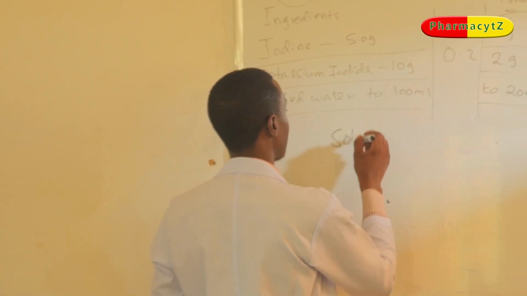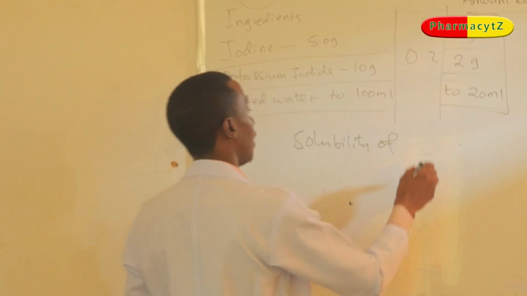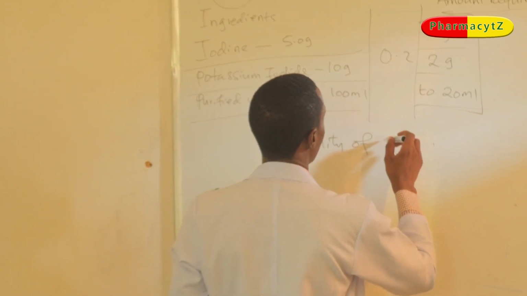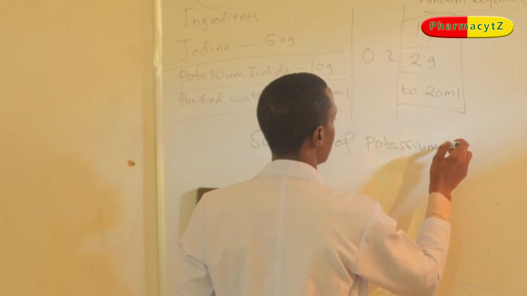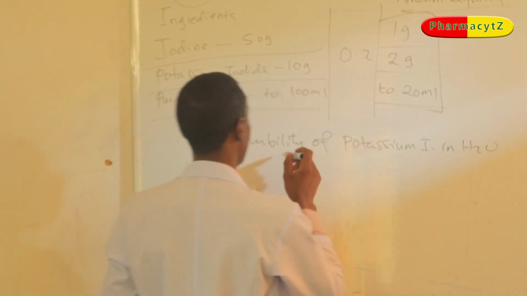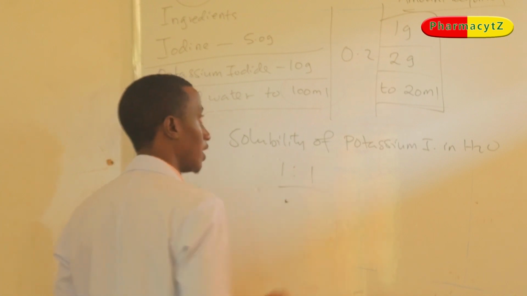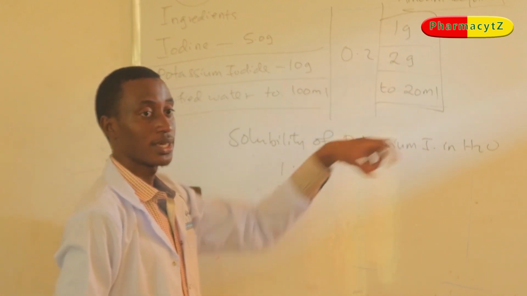Now, the solubility of potassium iodide in water is 1:1. So we are going to dissolve this amount in 2 mls.